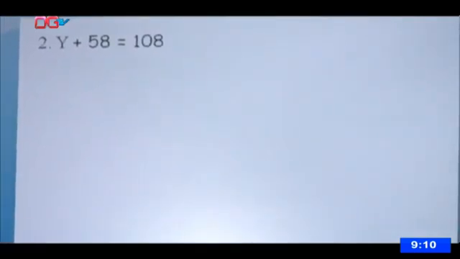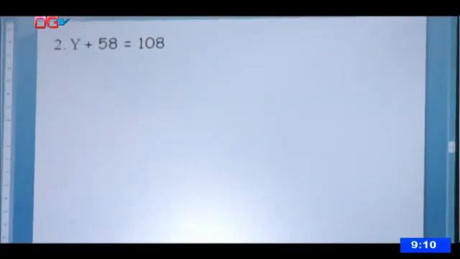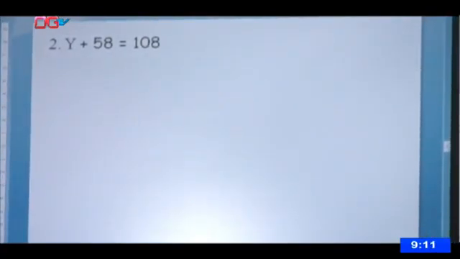Now let's proceed to the second question. Here we have y plus 58 equals 108. The same method is applicable. The first step is to look for the additive inverse of plus 58. And the additive inverse of plus 58 is minus 58.